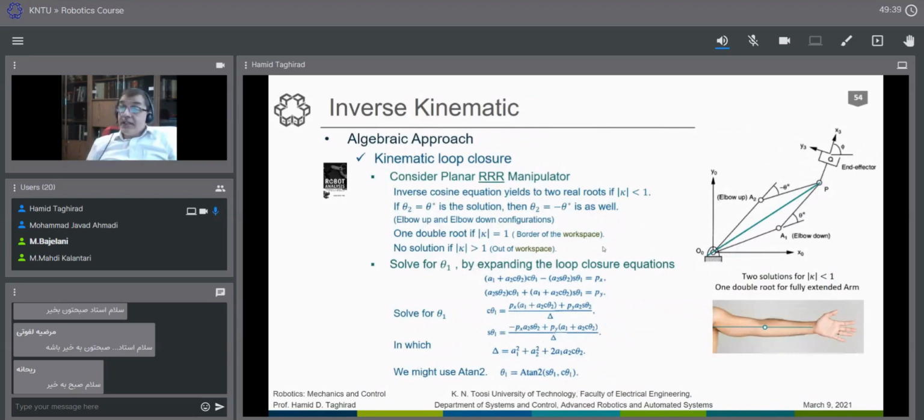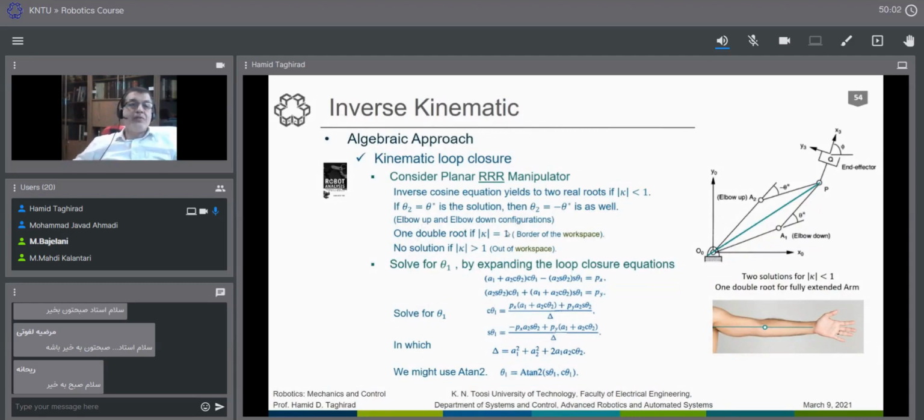And this is a very, very interesting point, and we will come back to that with some very intuitive and important physical properties of the robot at this special configuration. Now theta 2 is finalized.